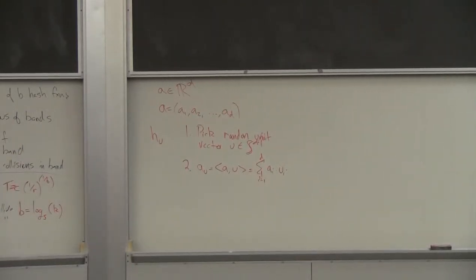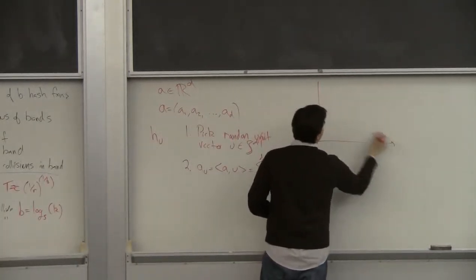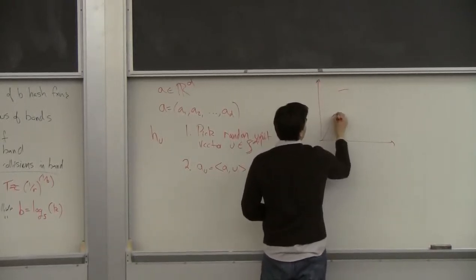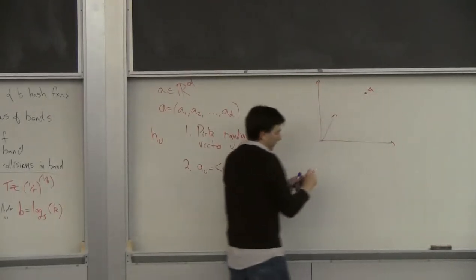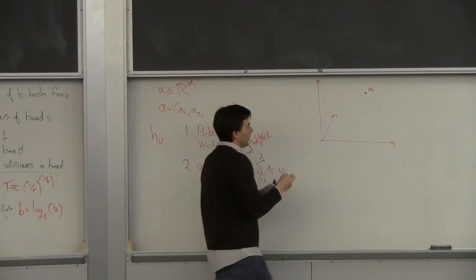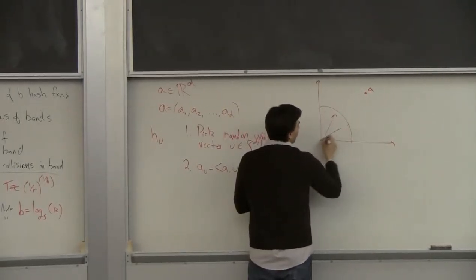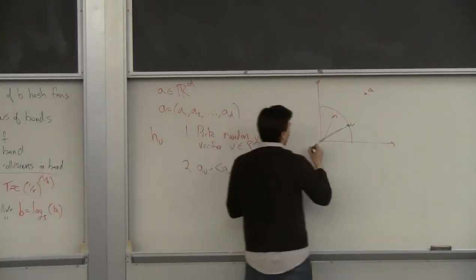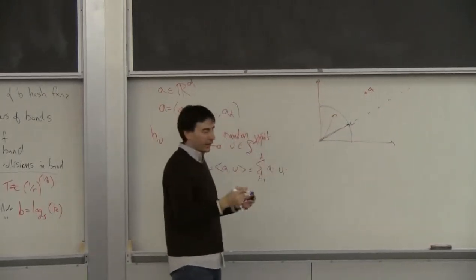So this is a contraction. What this is going to look like is that I've got some high-dimensional space, and this has a point A in it. And then I have a unit vector, so I've got this unit ball, and my unit vector u is on here. I can think of extending this unit vector so it's a line.